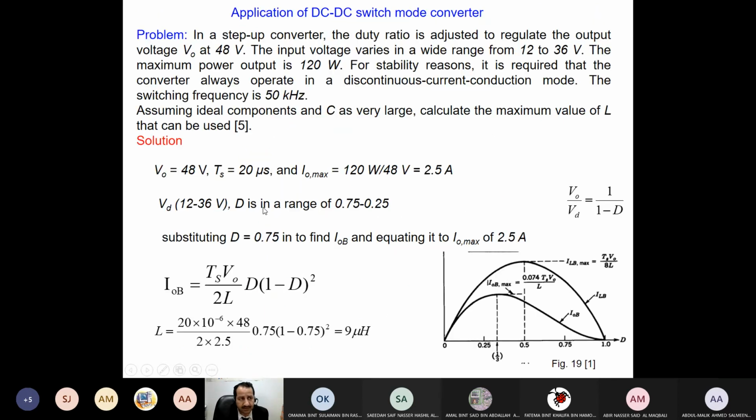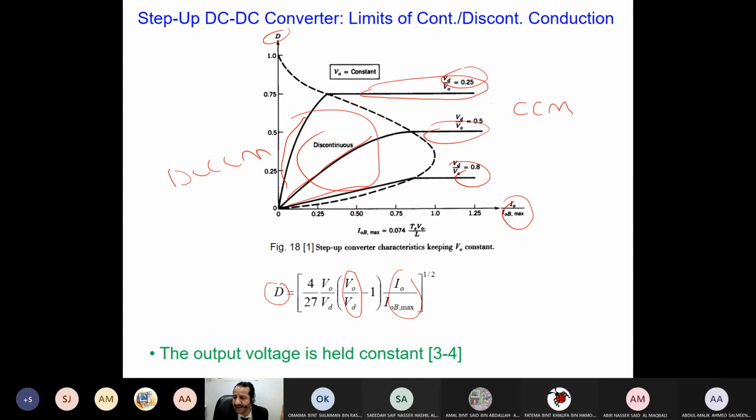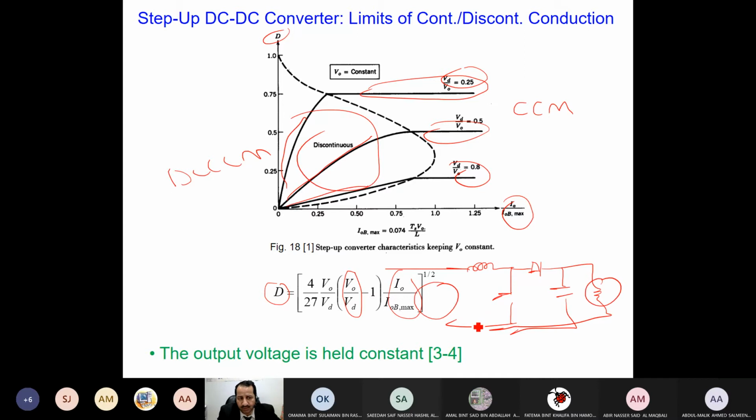What is left is the ripple in voltage. Imagine what we need to do is design the circuit. My circuit, for the boost converter, has an inductance, a switch, a diode, a capacitor, and a resistance. The resistance is given, the voltage is given.